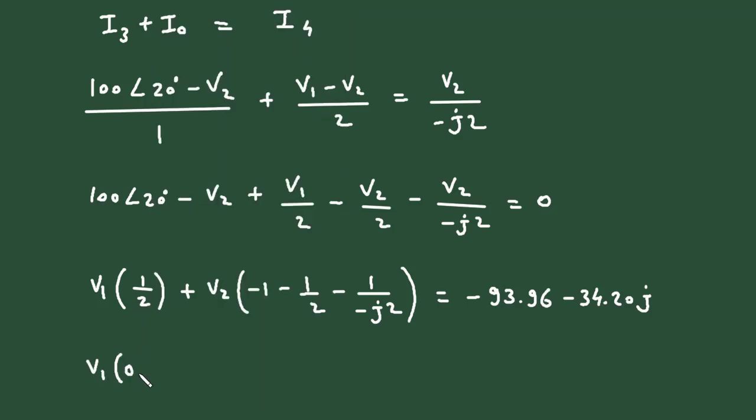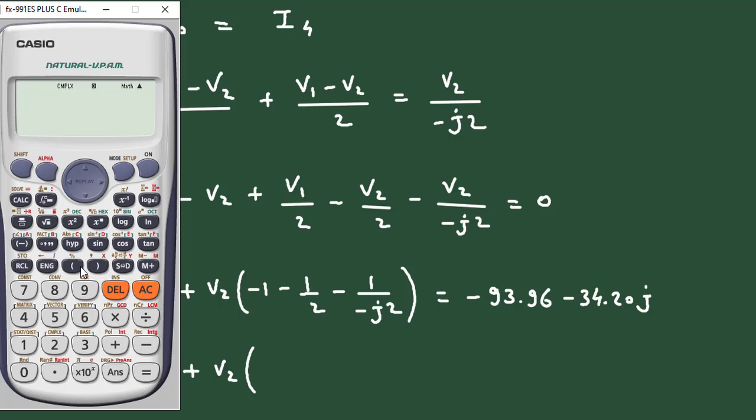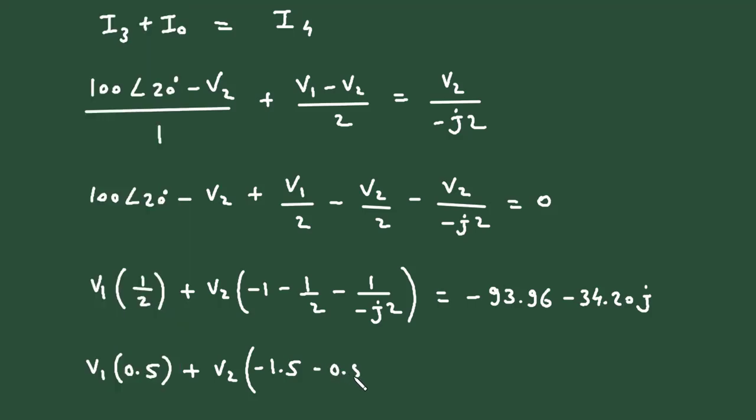So V1 in bracket 0.5 plus V2 in bracket minus 1, minus 1 by 2, minus 1 upon minus j into 2, bracket complete, it is equal to minus 93.96 minus 34.20 j, this much.